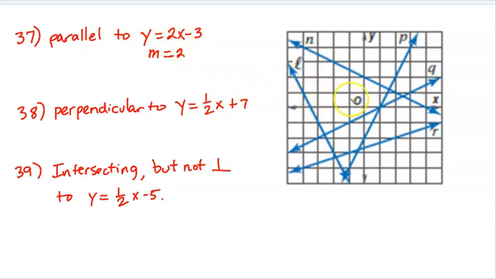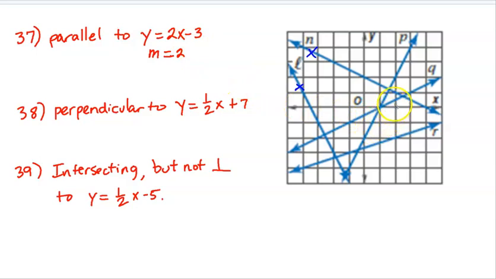So we need to determine which of these lines labeled L, N, P, Q, and R would have a slope of positive 2. Process of elimination, we can toss these out because these have negative slopes. So we're looking for one of these, either P, Q, or R, and the one that has a positive 2 slope would have to be parallel.